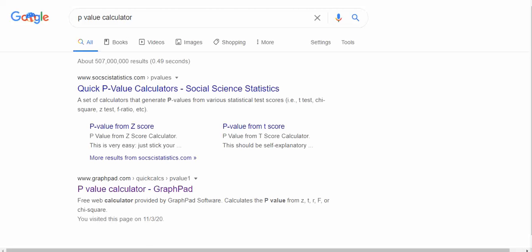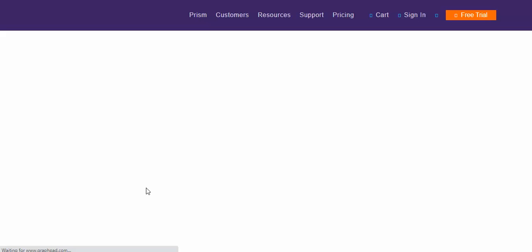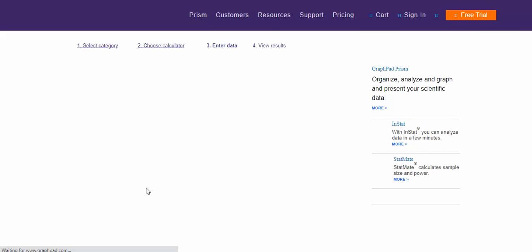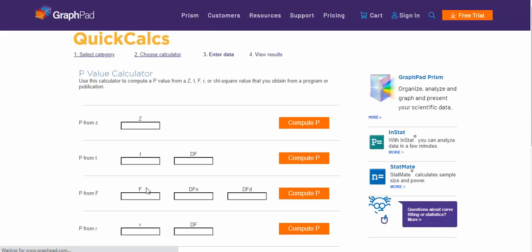So go to Google and type in p-value calculator. And we need this p-value calculator from GraphPad. So here we go.